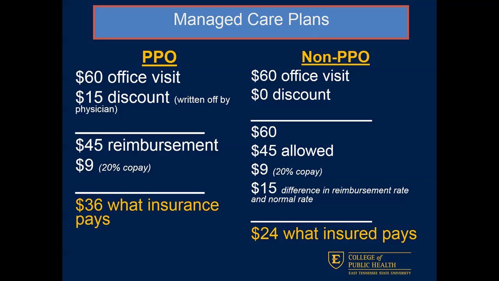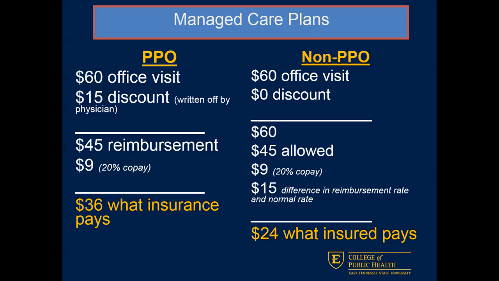What is allowed for reimbursement by the healthcare insurer is $45. So you still have your $9 copay, your 20% copay, but the bill is still $60. So there's still $60 due. There's going to be the $15 difference in the reimbursement rate and the normal rate.